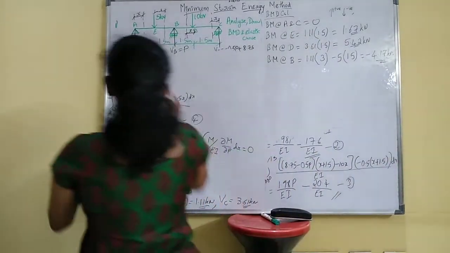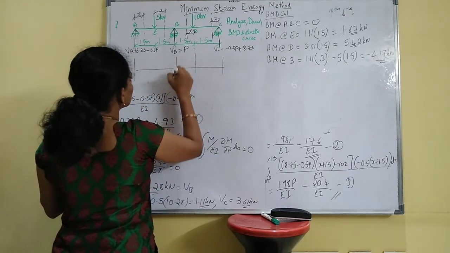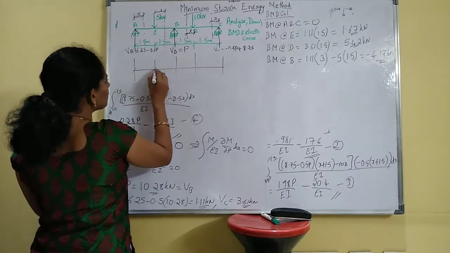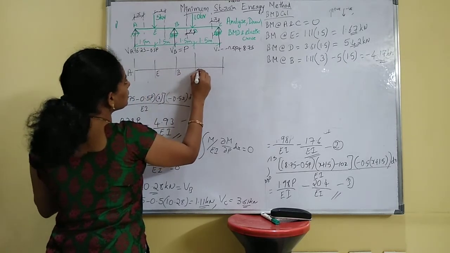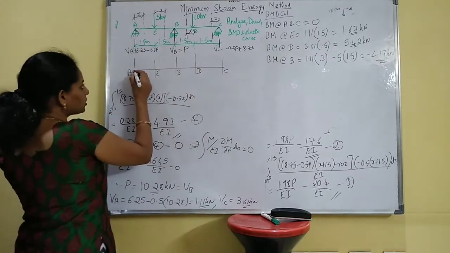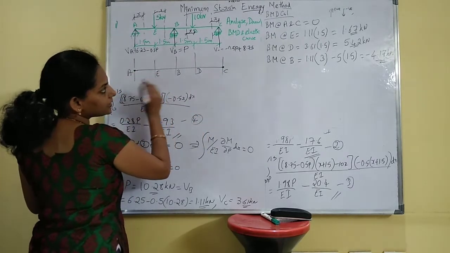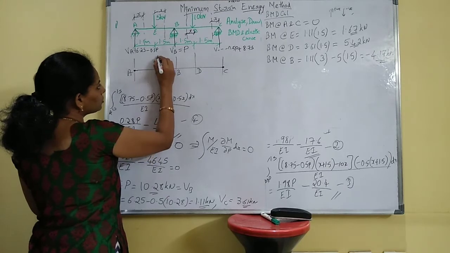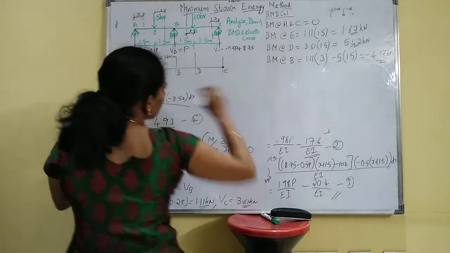Now substitute this. A, E, B, D, C and substitute value at A and C is 0. At E is 1.67 positive. So 1.67 kilonewton meter. Bending moment it is.